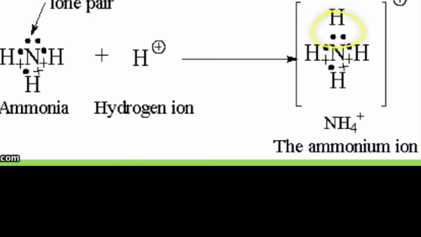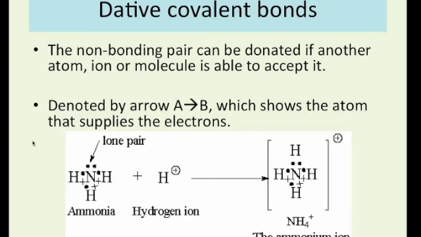If you think of what a hydrogen ion is, a hydrogen atom only has one electron in its outer shell. So if it's lost that electron to become a hydrogen ion, then basically it's just a nucleus. So the nitrogen atom can donate the lone pair to the hydrogen, and it can accept both those electrons to make an ammonium ion. So the non-bonding pair can be donated if another atom, ion or molecule is able to accept it.